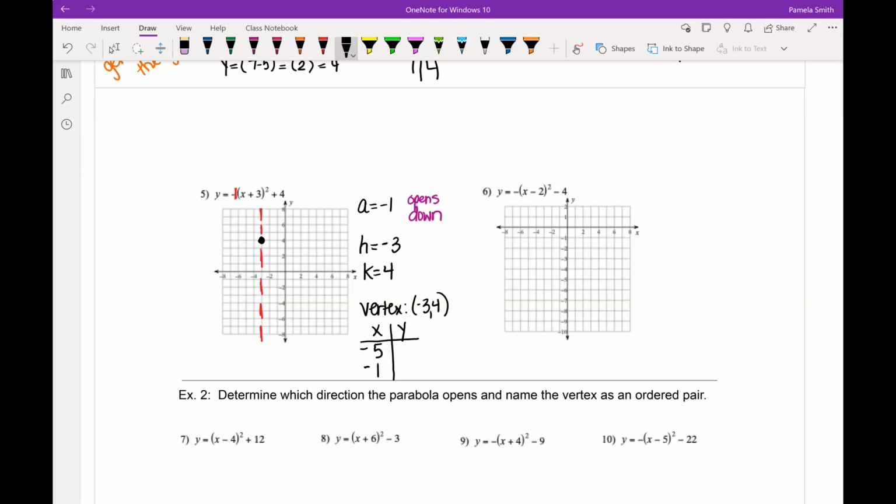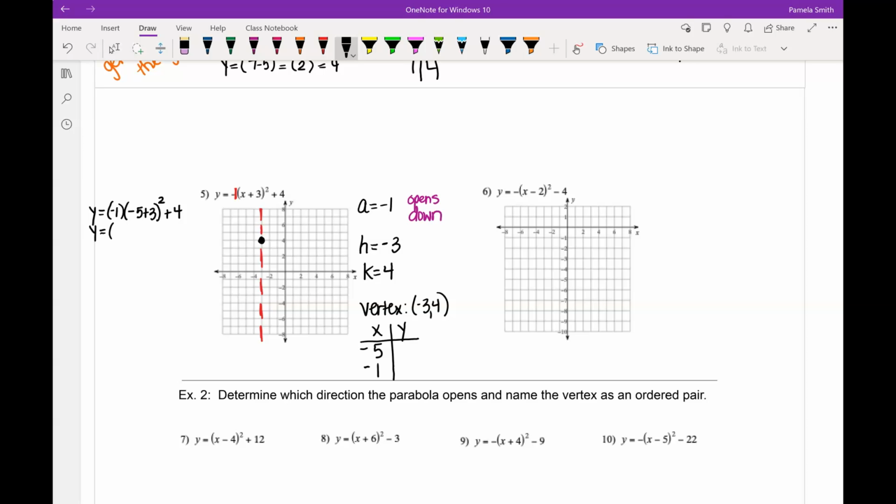And this is where you have to be careful. You have to account for that negative outside. So y equals -1 times -5 plus 3 quantity squared plus 4. You have to make sure and account for that negative.